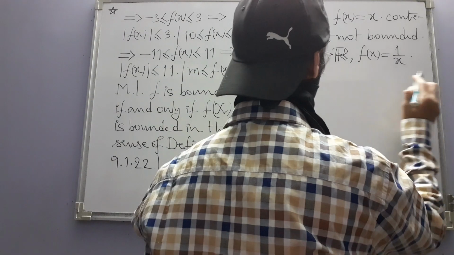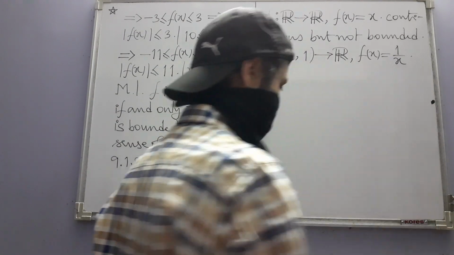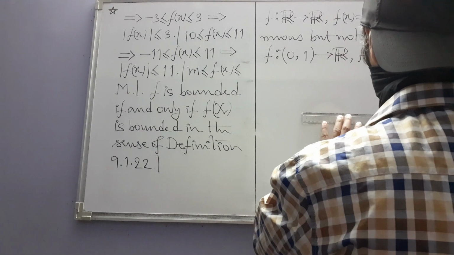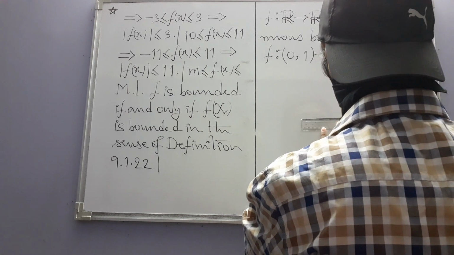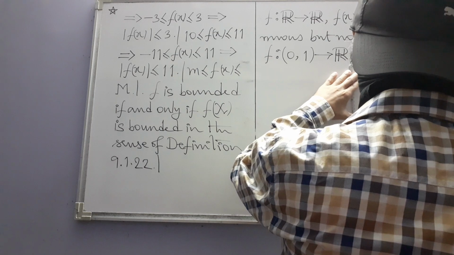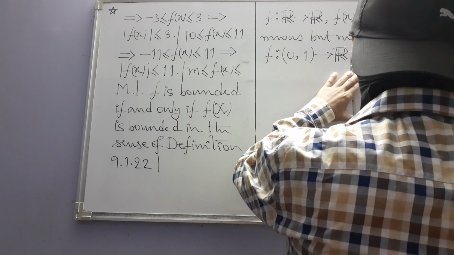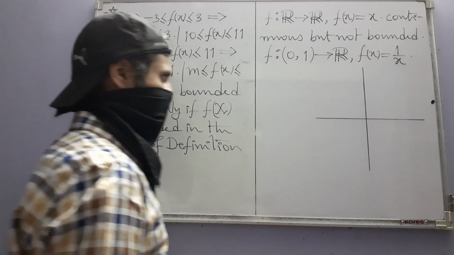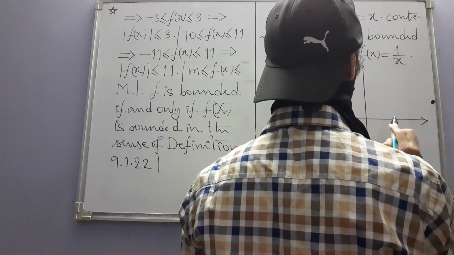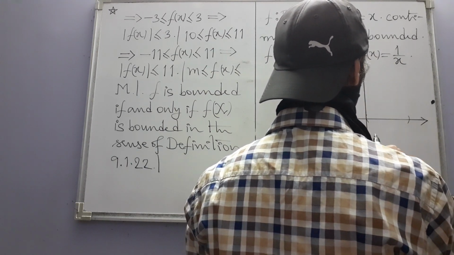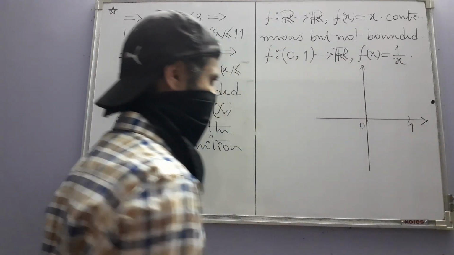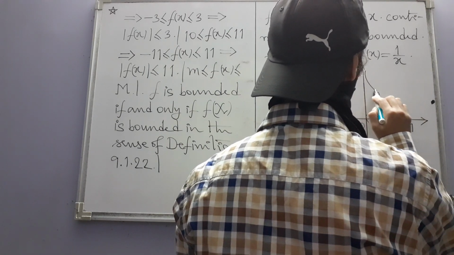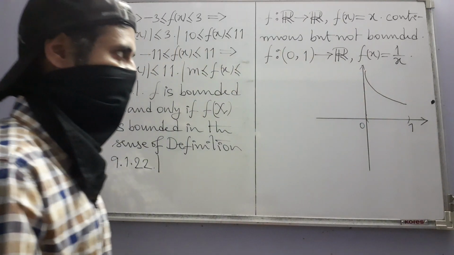You also know what its graph looks like. Okay, so because I am going to draw the graph, at least let me use a ruler to draw the axis. Okay, so our usual x-axis and y-axis, and we are now concentrating on the open interval 0, 1. So in this open interval, the graph is going to roughly look like this.